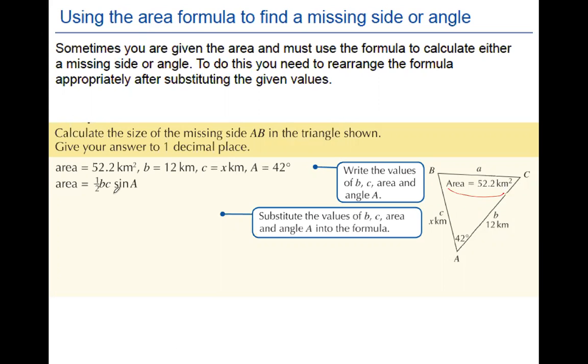Because I'm looking for C, I can change the subject. 52.2 equals half times 12 times x times sine 42. Half of 12 is 6, 6 sine 42 gives 4.01. Now 52.2 equals 4.01 times x, so you just divide by 4.01 on both sides, and you get the value of x.